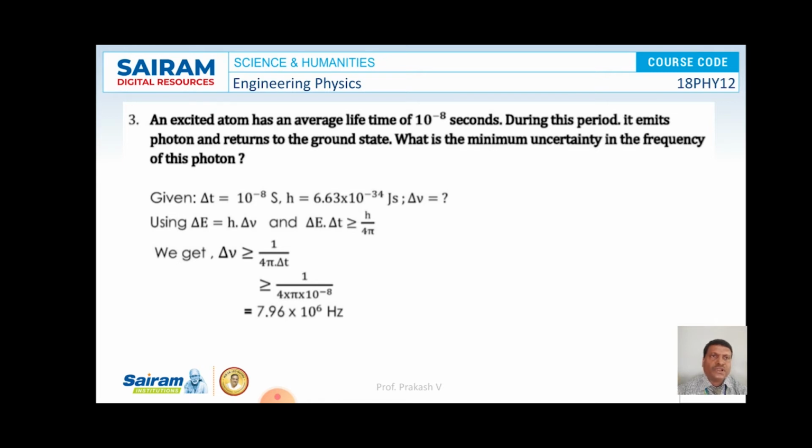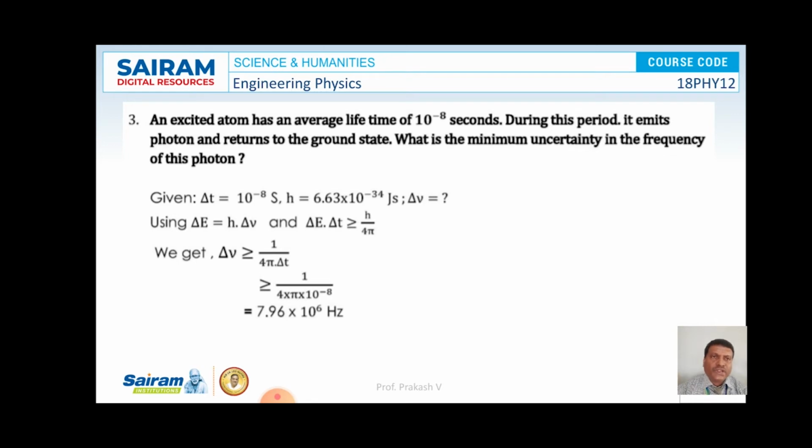So we have to calculate what is delta mu, and using the equation delta E is equal to h into delta mu, and from the Heisenberg uncertainty principle, delta E into delta t is greater than or equal to h by 4 pi. So from that relation we can write delta mu is greater than or equal to 1 by 4 pi delta t.